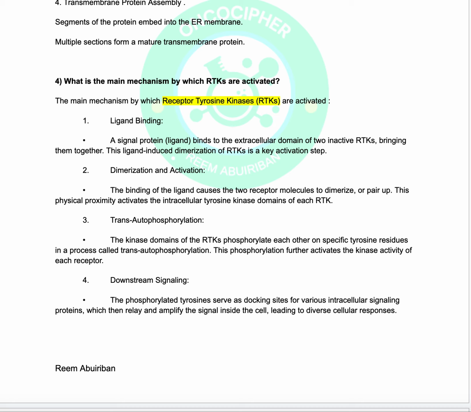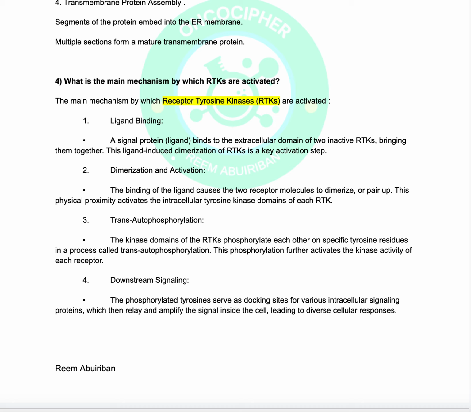The kinase domains of the receptor tyrosine kinases phosphorylate each other. That's what we call autophosphorylation, on specific tyrosine residues, in a process called trans autophosphorylation. This phosphorylation further activates the kinase activity of each receptor, and that leads to downstream signaling.